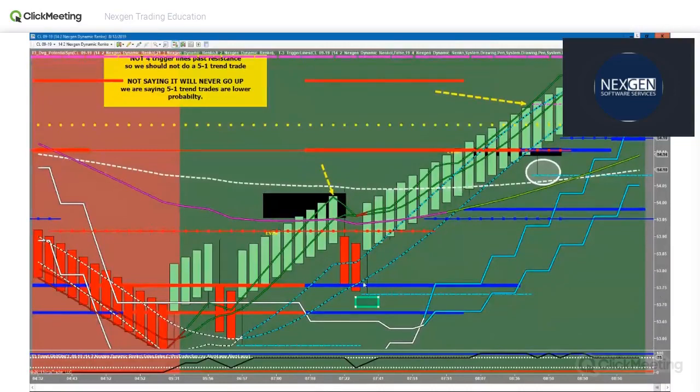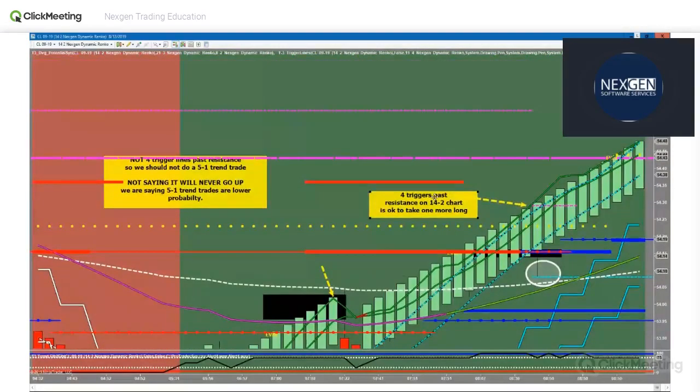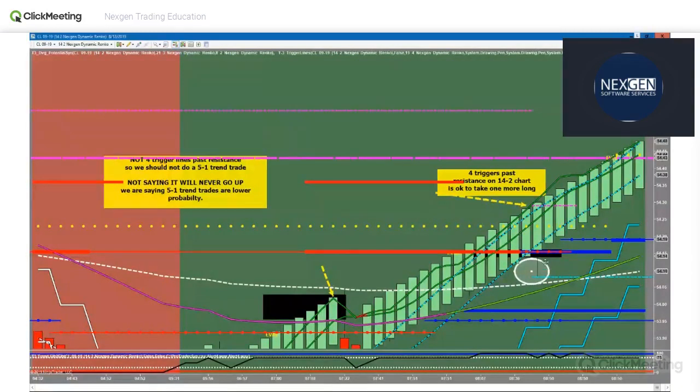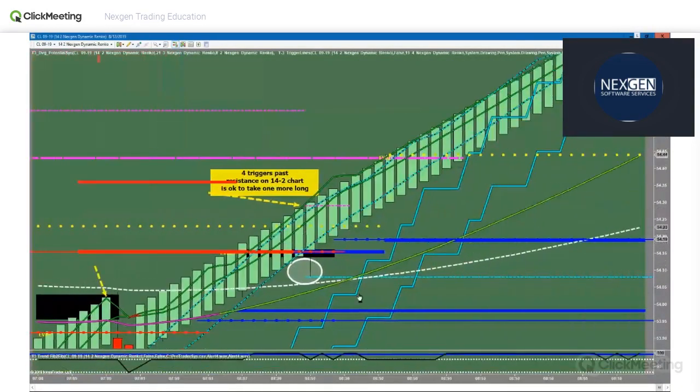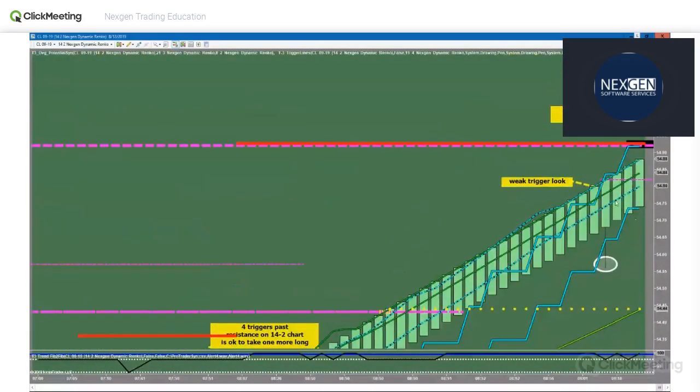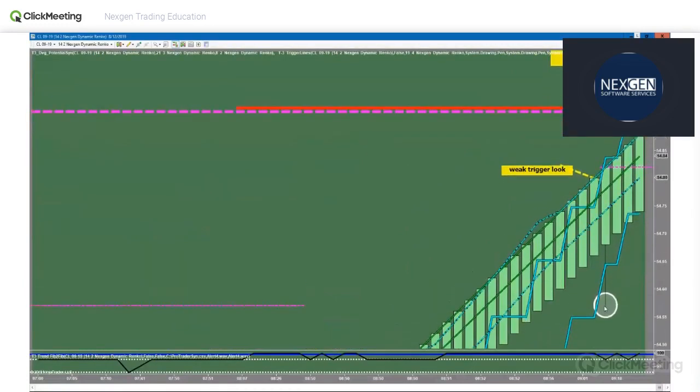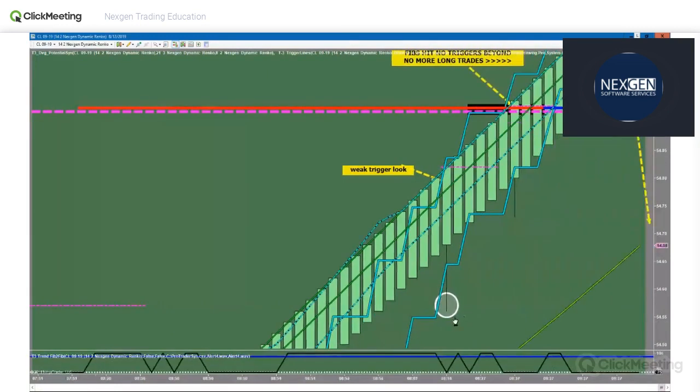We just didn't do it from a 5-1 trend trade spot. And then because of the 14-2 chart having triggers past the fibs, we actually did do a 5-1 trend trade, and you won if you did it. And because you were weak, but you were not yet at the fibs, you were still able to do a 5-1 trend trade because you didn't come off of resistance on the small chart.